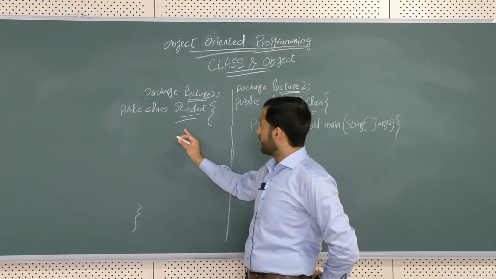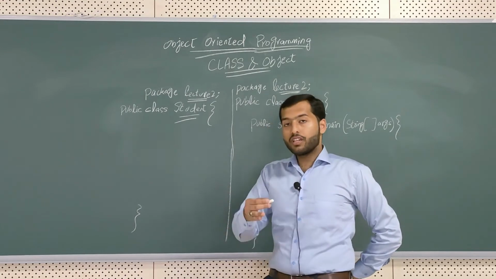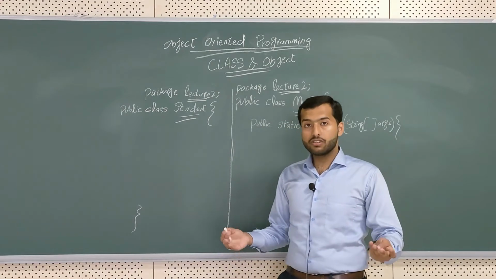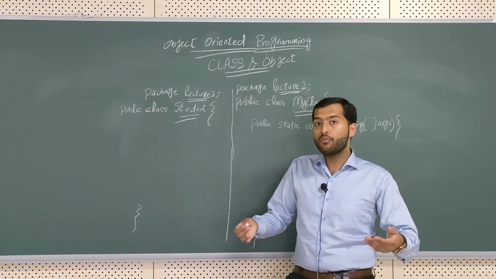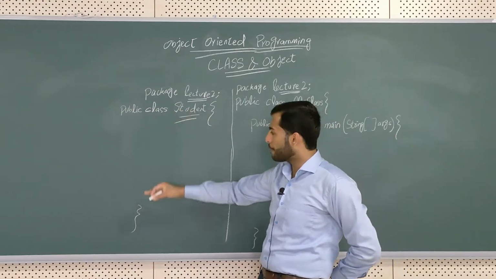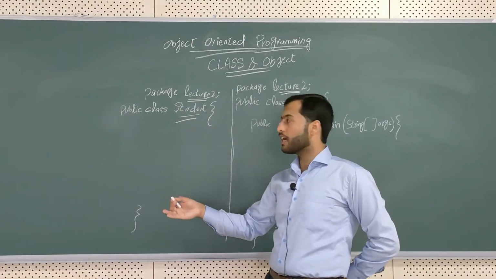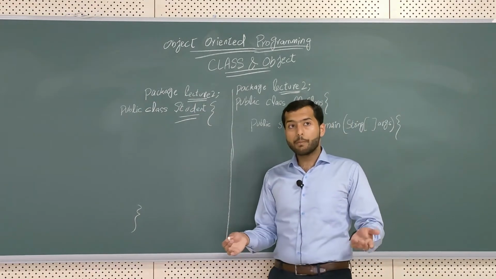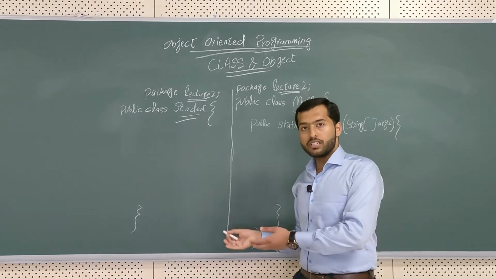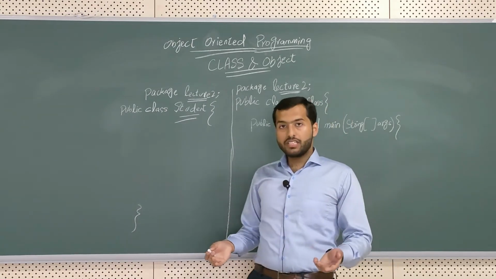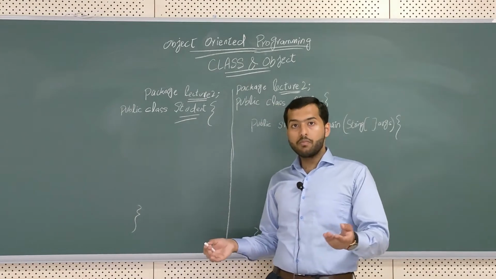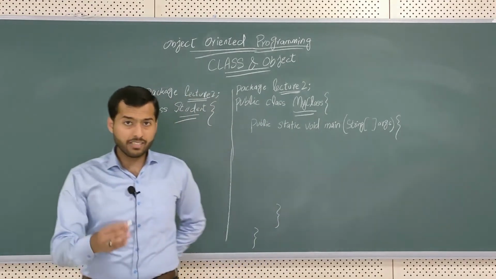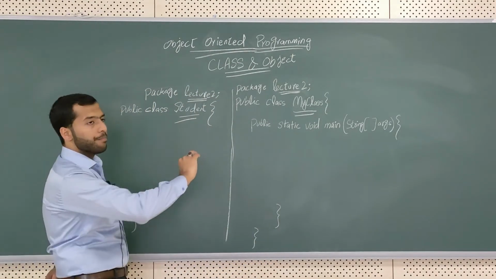For the member variables, we have the same data types, integers, strings, doubles, characters. These things are called variables, but when it comes to a separate class, we call them members because they are members of this student. So this student could have some properties, like the age, the name, surname, university name, and these kinds of things.